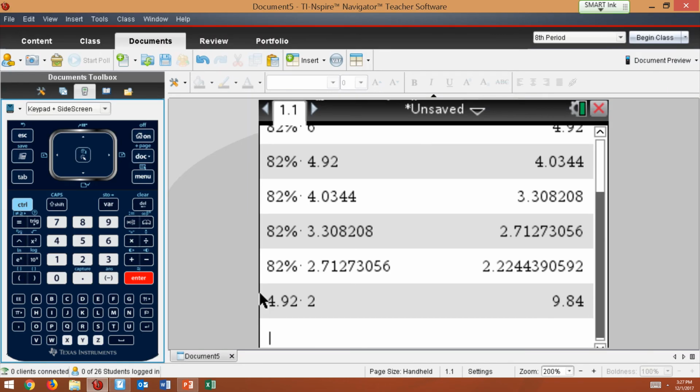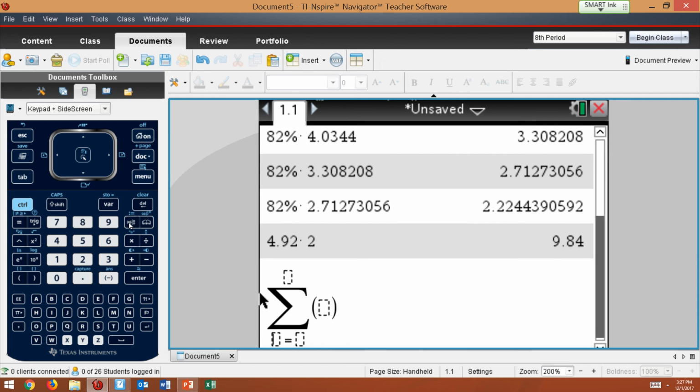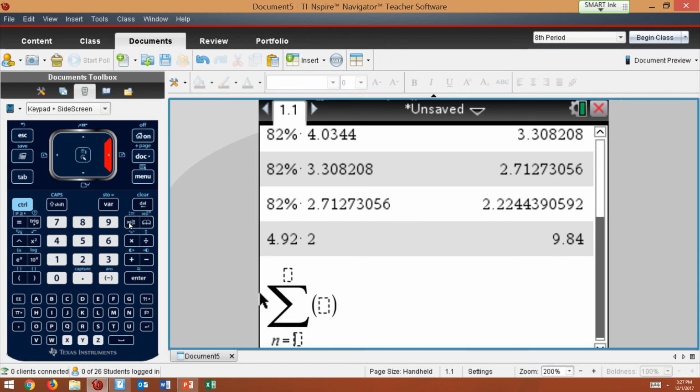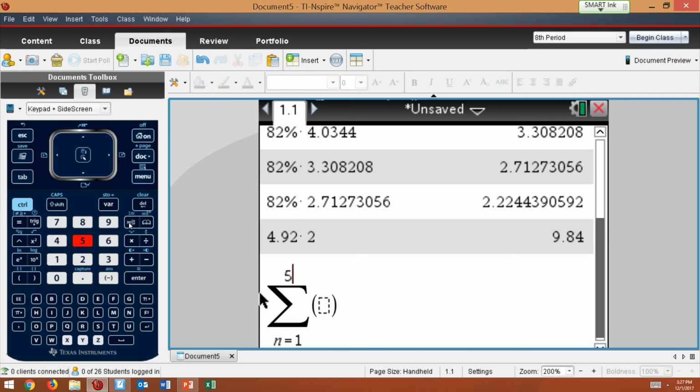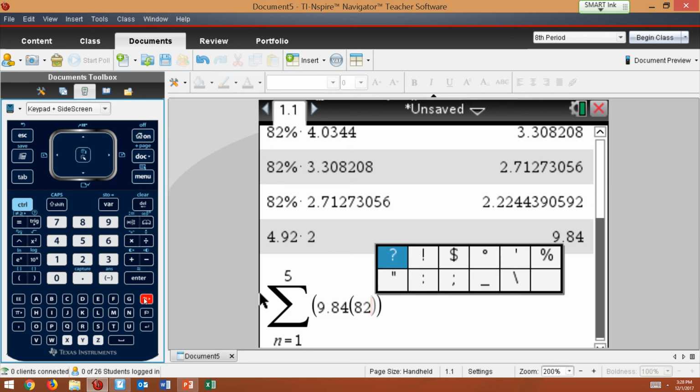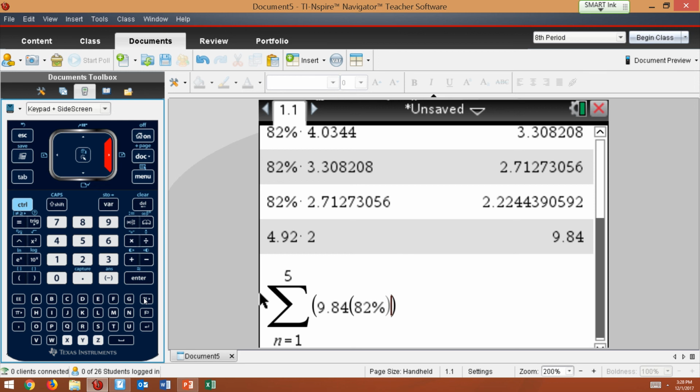And so I'm going to go sigma, which is the button next to 9. N is equal to 1. We had 5 identical bounces. And taking that first term of 9.84 and multiplying it times 82%. Percent's right there next to the G. And we raise this to the power of n minus 1.